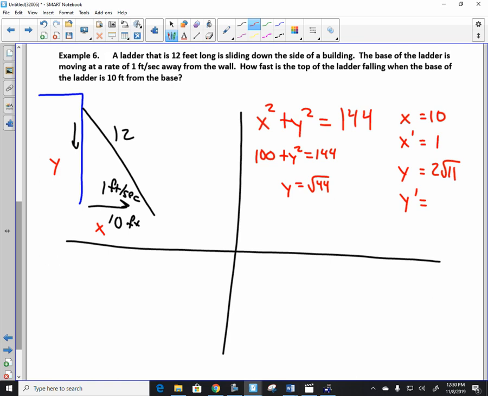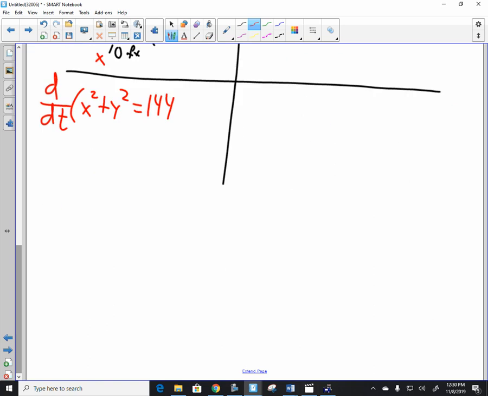So let's take the derivative with respect to time. Do you understand that that's the whole idea? Related rates. They are all rates related to time. So I have x squared plus y squared is equal to 144. What's the derivative of x squared? 2xx prime, derivative of y squared is equal to 0.